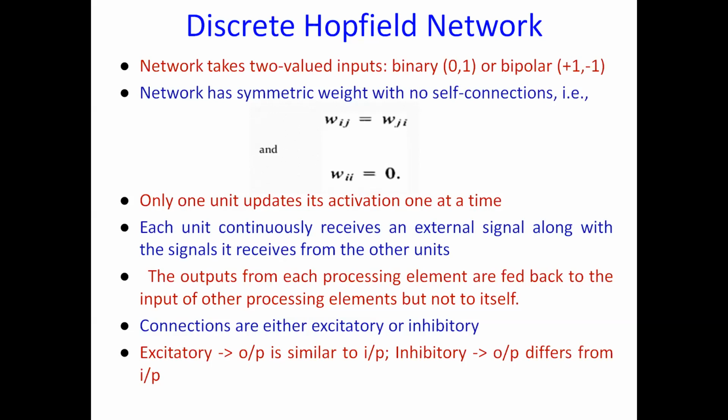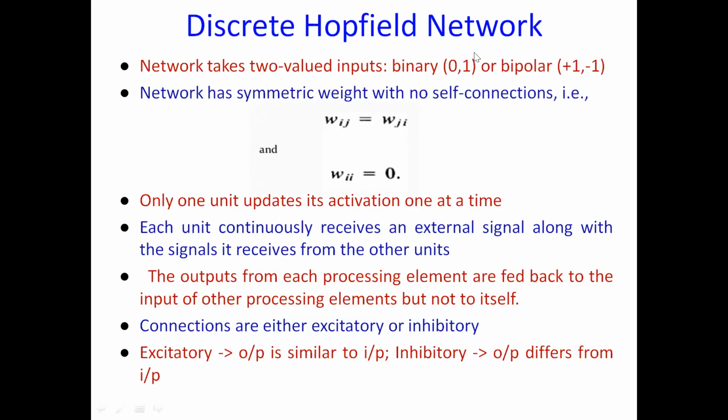All those weights are symmetric, so we can write that Wij equals Wji, and obviously Wii equals 0. That means there is no self connection or self loop, so automatically there are no weights associated with self connections.